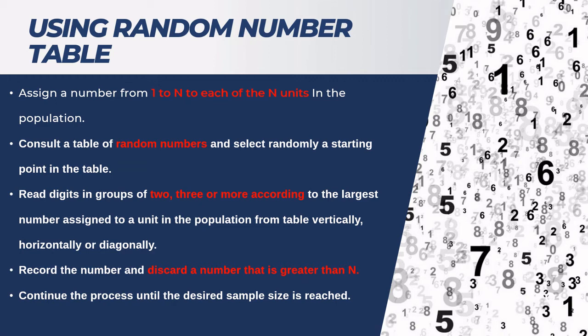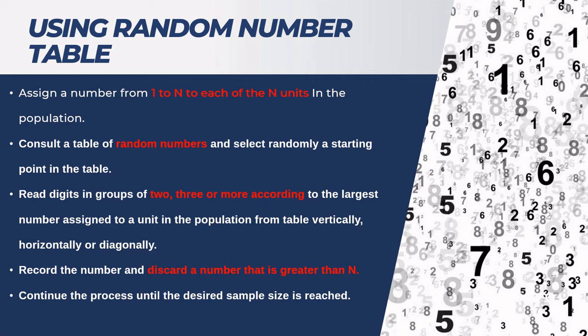greater than capital N. For example, if your population consists of 100 units, so from 1 to 100 your numbers are 2 digit or 1 digit.